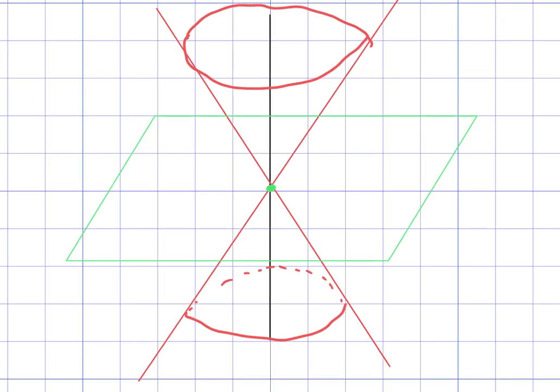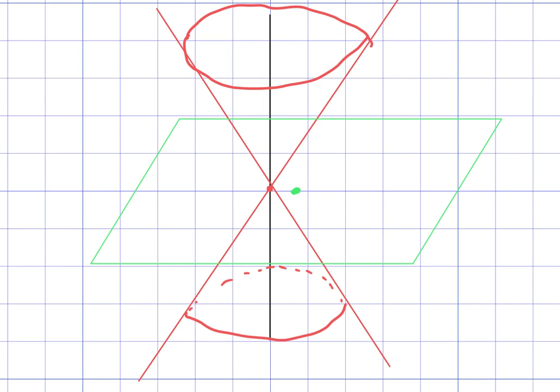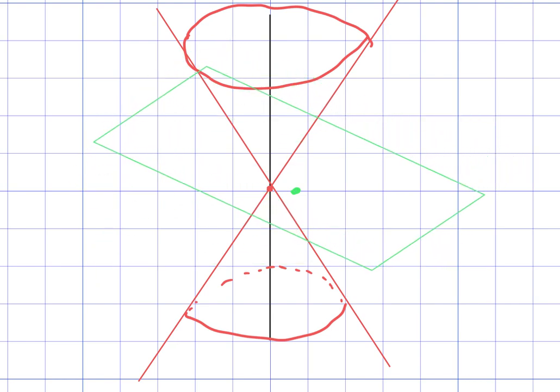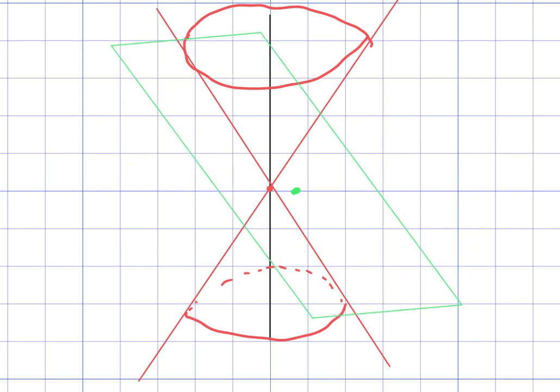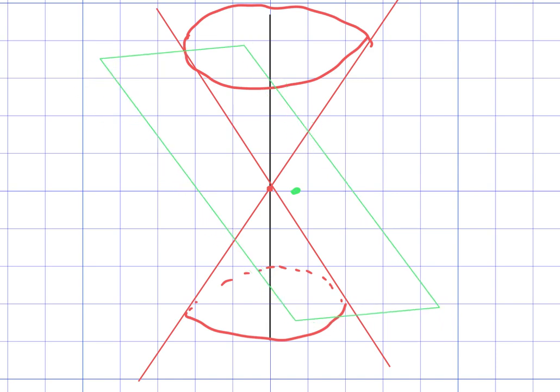If I then take this plane and twist it, and have it cut so that it just intersects, we'll still have it intersect right here.